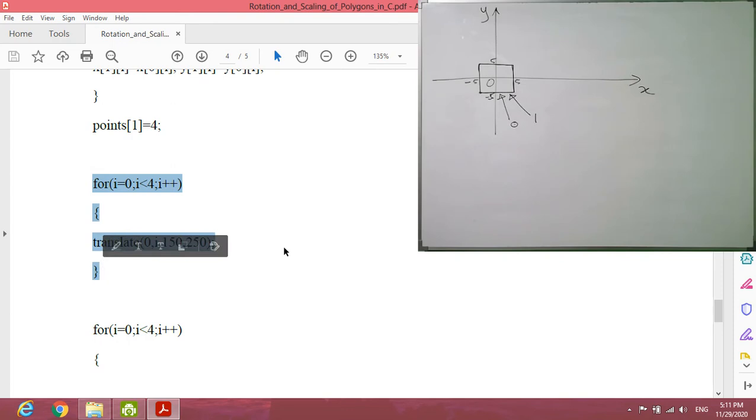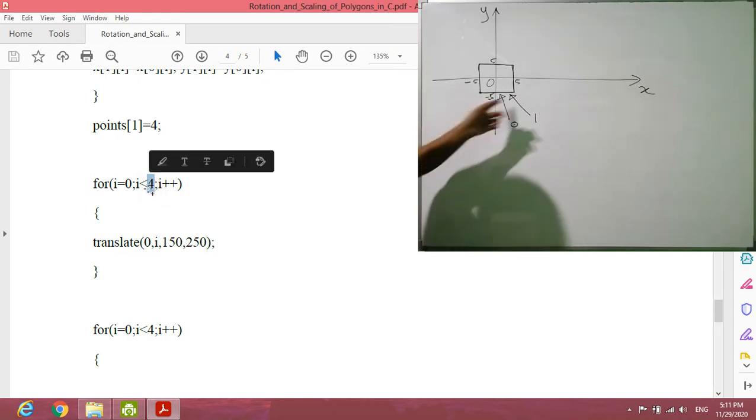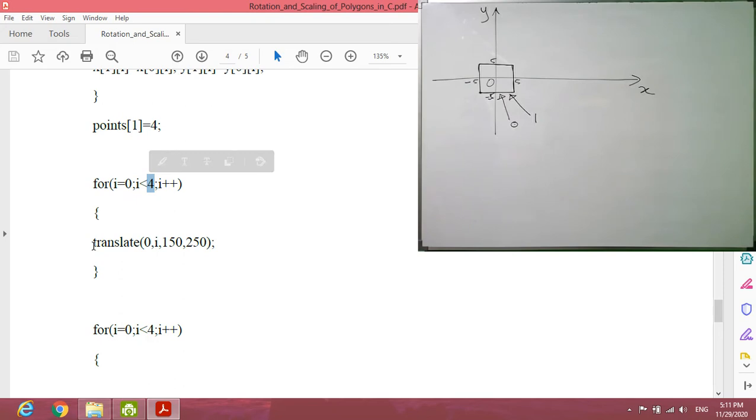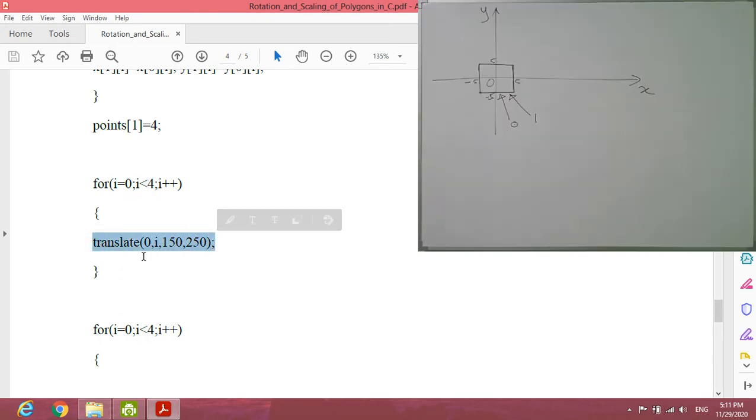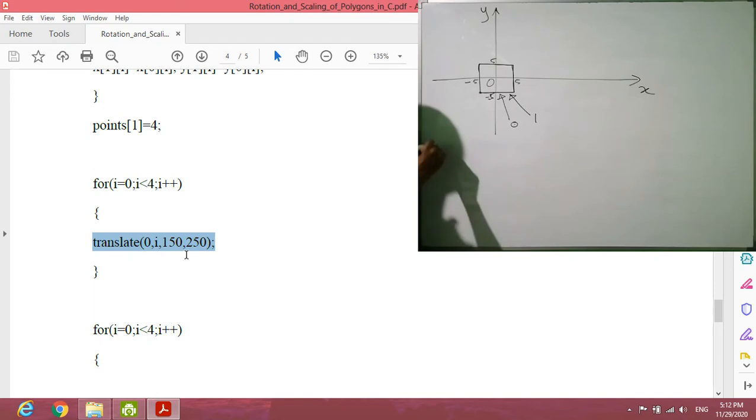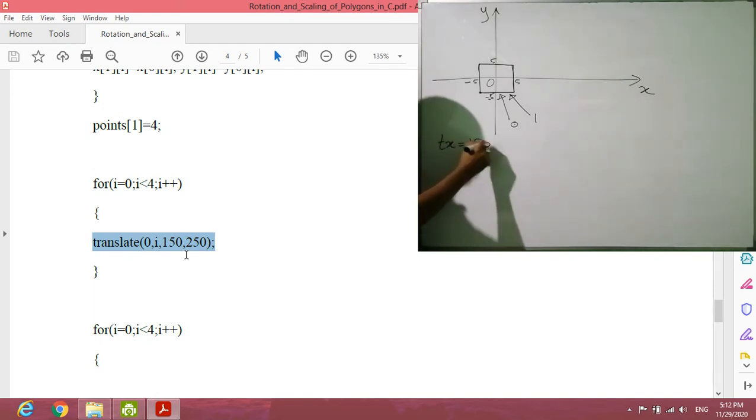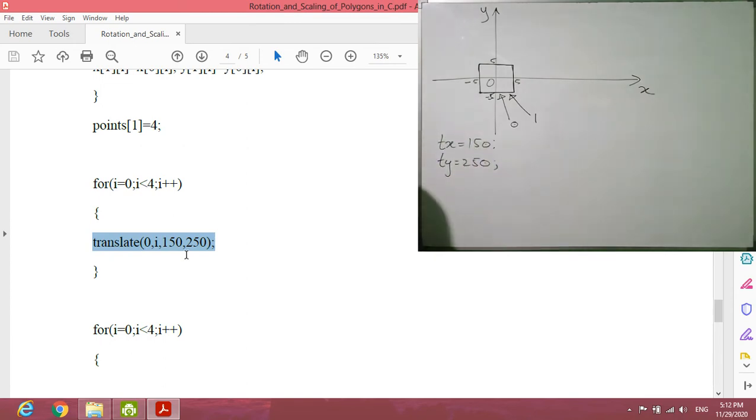Then we use a for loop because there are 4 points, 4 vertices in one particular square, and we use the translate function on the zeroth square. So we translate it by the amount 150. Tx is 150 and Ty is 250. Okay, those are the two values.